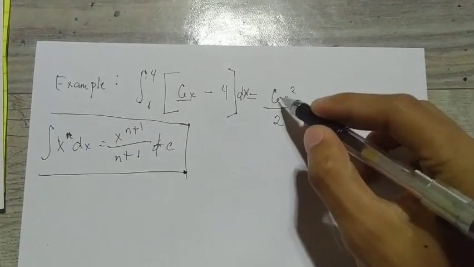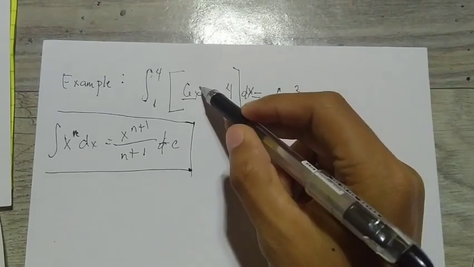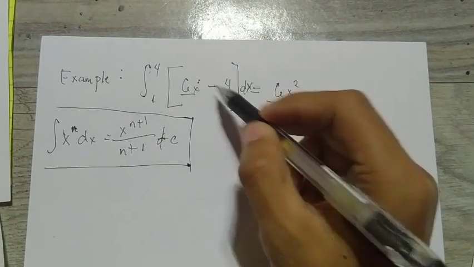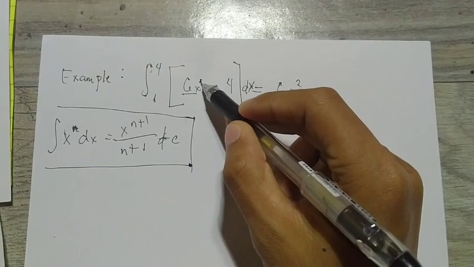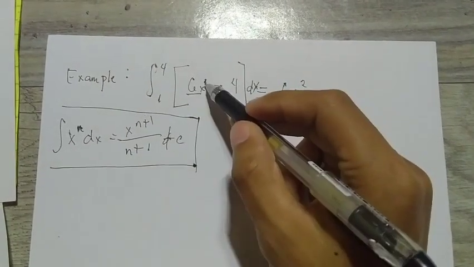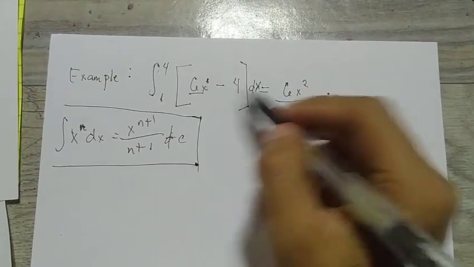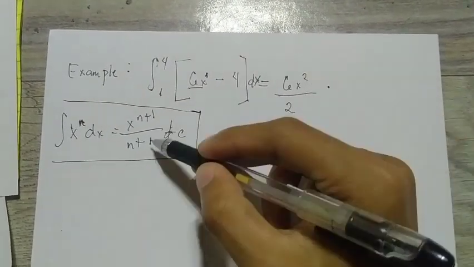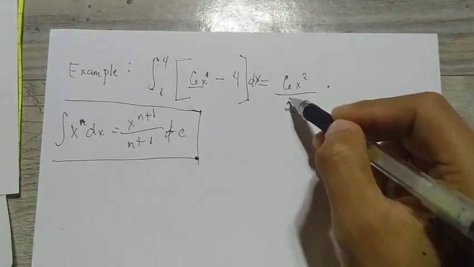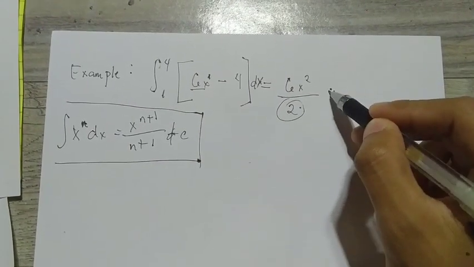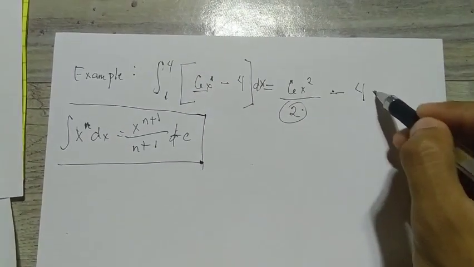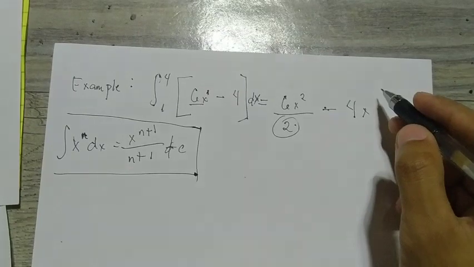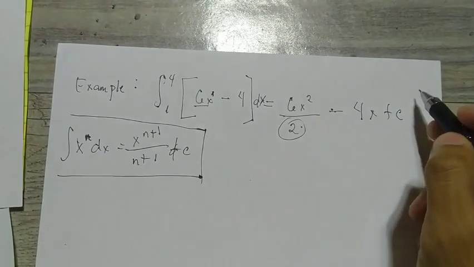So let's proceed. It is understandable, x has an exponent of 1, so 1 plus 1 is 2, minus 4x plus the constant c.